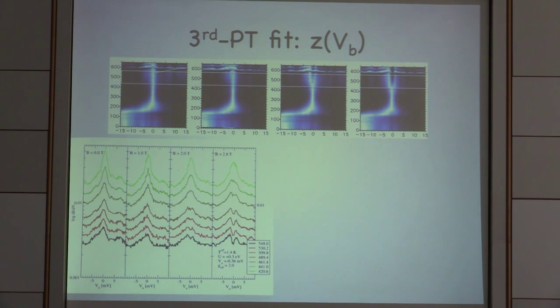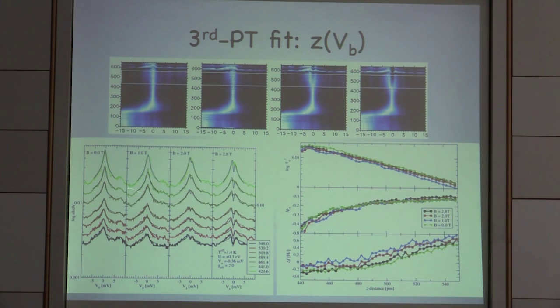Here I show you this region for different magnetic fields of the same session, and the idea is to keep the parameters reliable. You can do the fit at each distance, but you want to see some trends, and that's the best we can get.